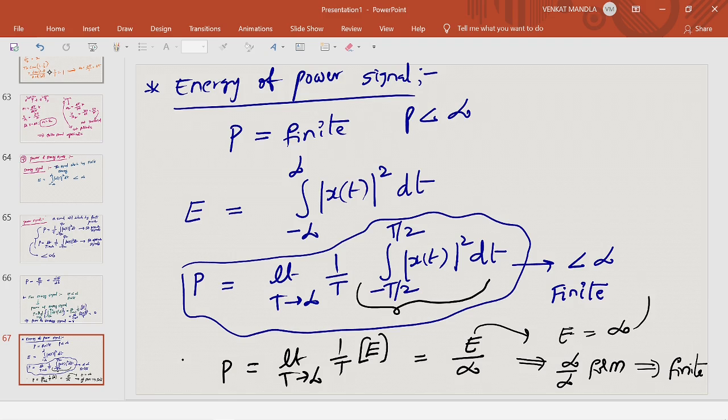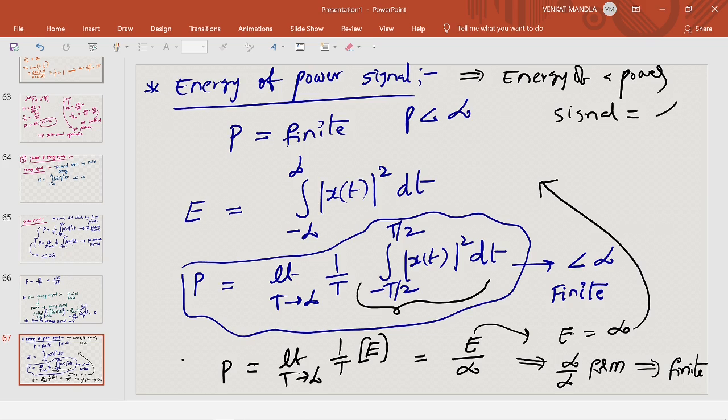So that is why the energy of a power signal is infinite.